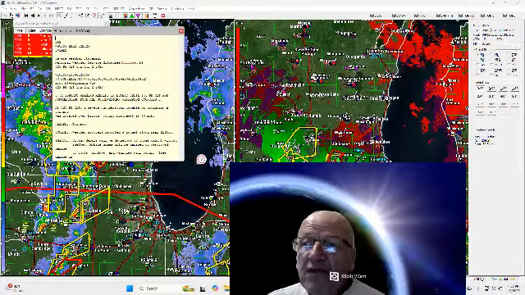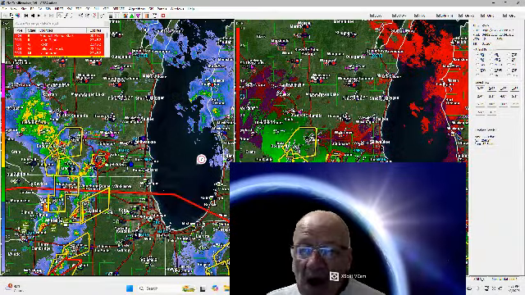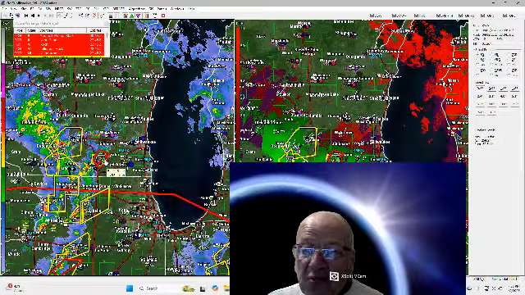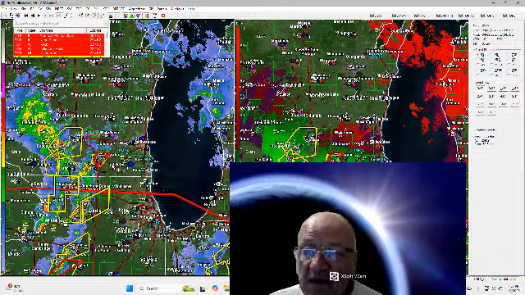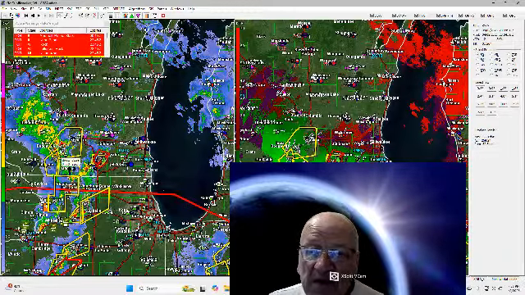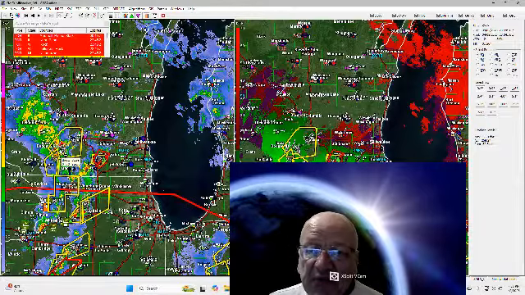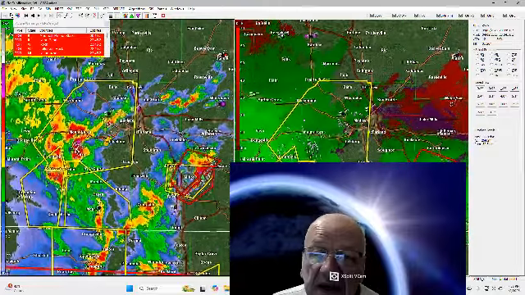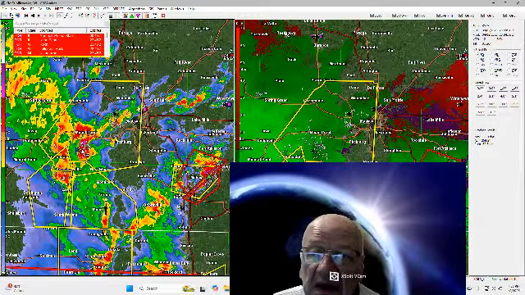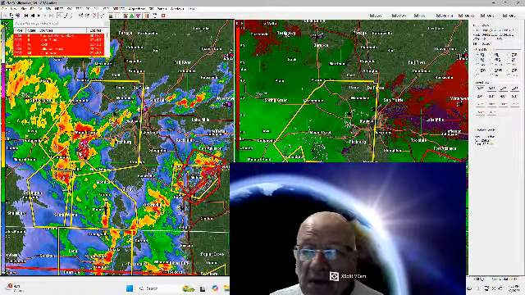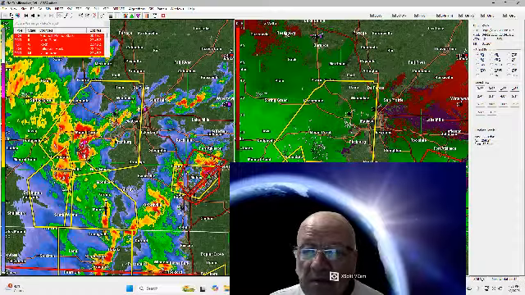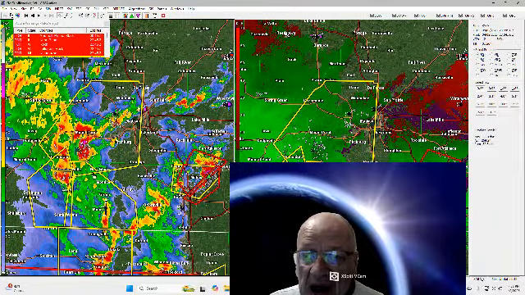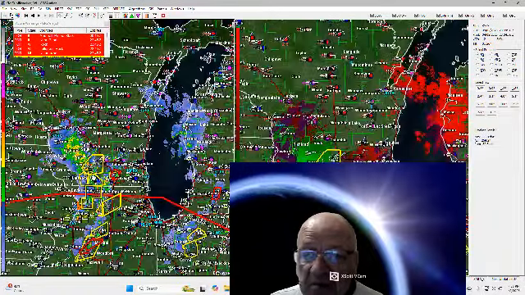Yeah, 6:45 p.m. So we have a report here of 1.56 inch diameter hail, south of Elkhorn. And we have another report of hail, 0.73 inch diameter, south of Mount Horeb.